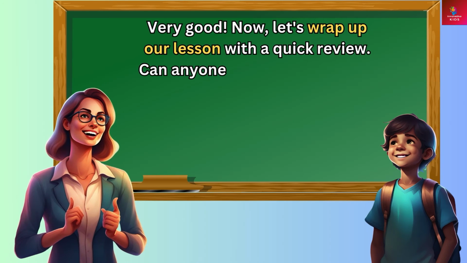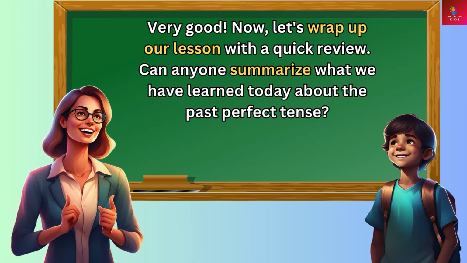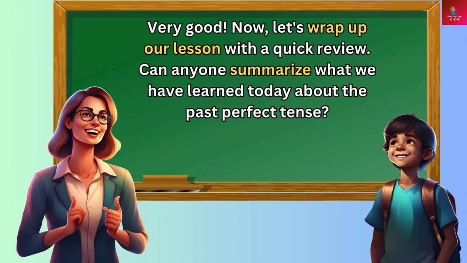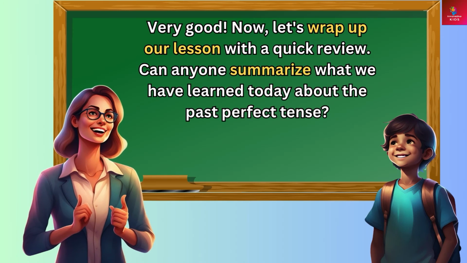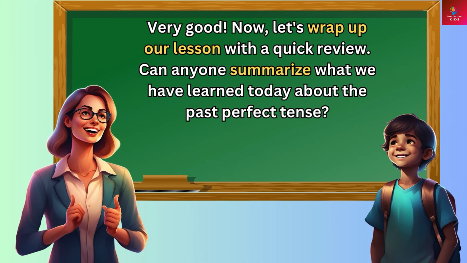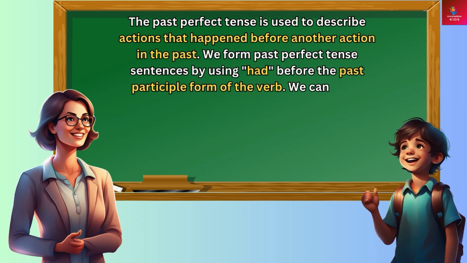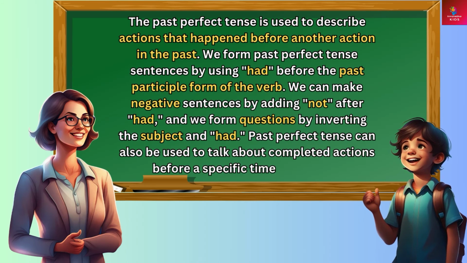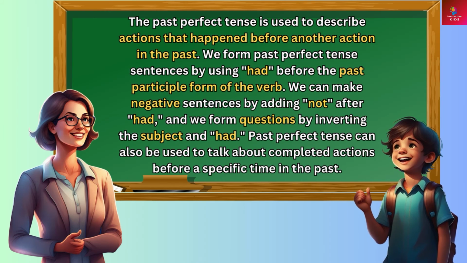Very good. Now, let's wrap up our lesson with a quick review. Can anyone summarize what we have learned today about the past perfect tense? The past perfect tense is used to describe actions that happened before another action in the past.